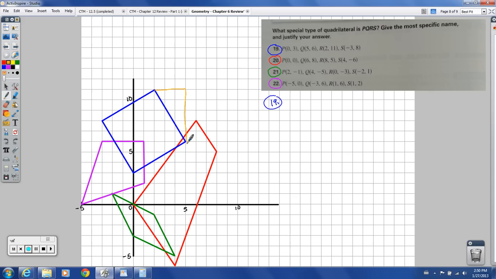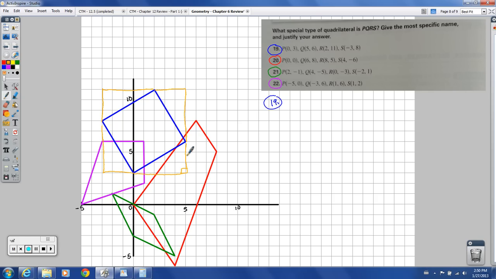So I'm going to notice that each one of these orange triangles that I'm drawing, they're all right triangles, and they all have the blue length as their hypotenuse. And if they're all the same, then I can just show you what one length is and say that's going to be the same for all of them.